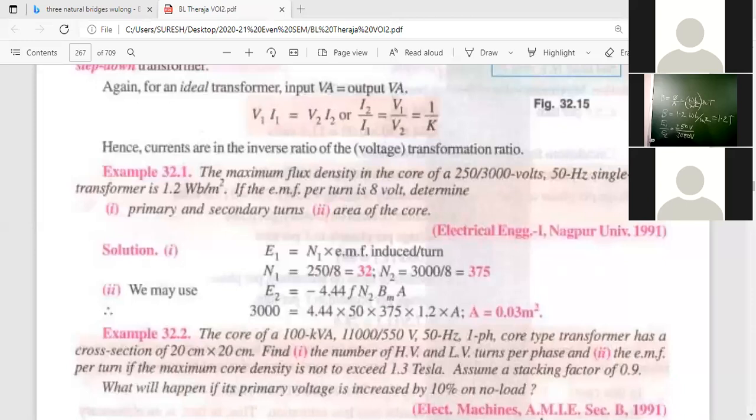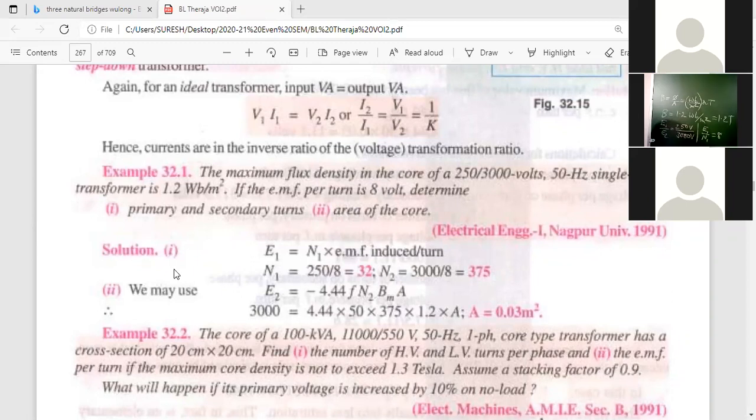Also one more data is given in the problem, that is EMF per turn. EMF per turn means E1 by N1 is equal to 8. EMF means voltage per turn is 8.